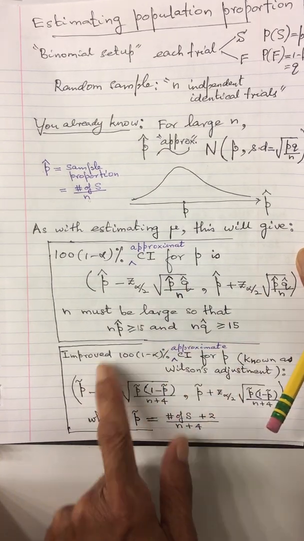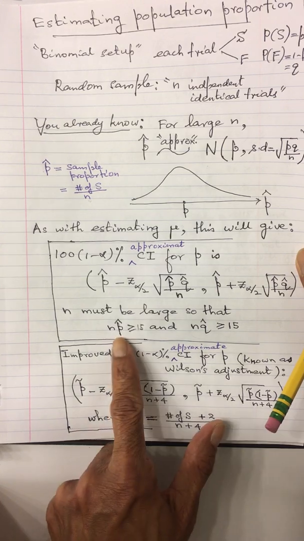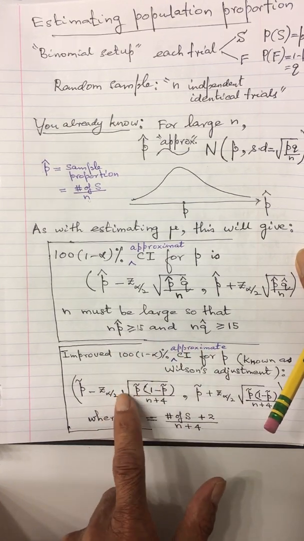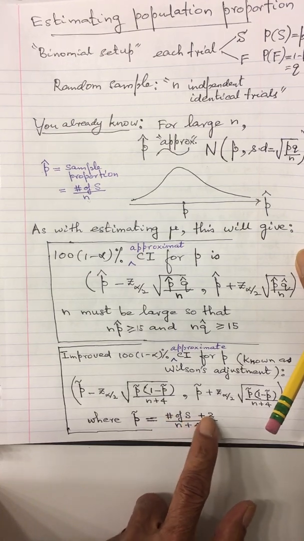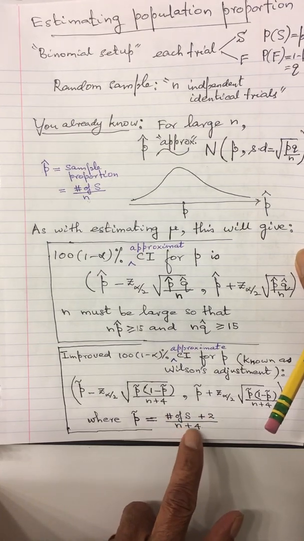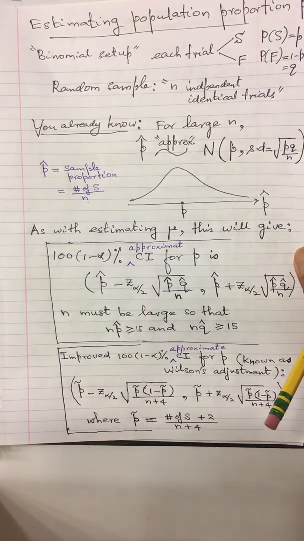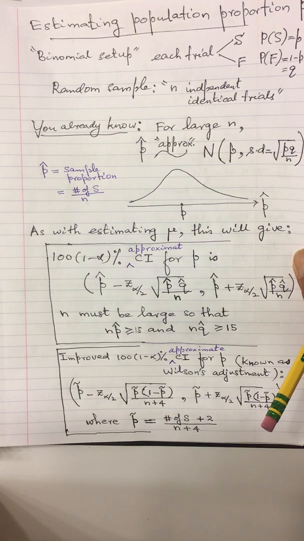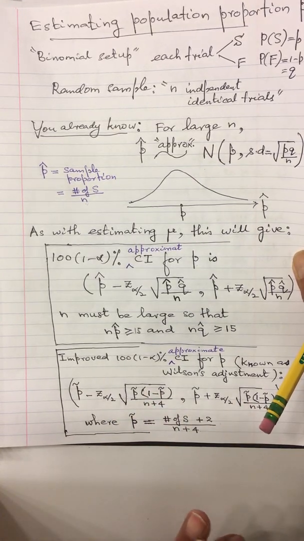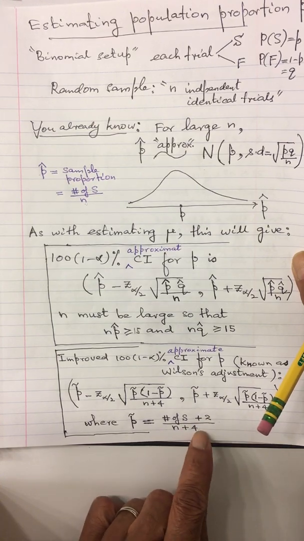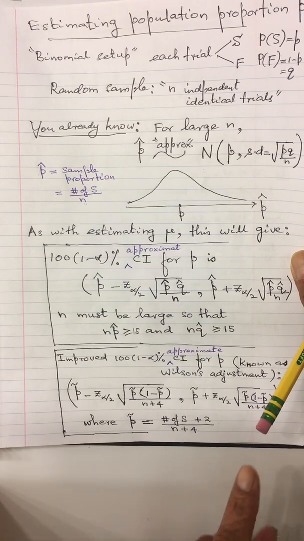The second method, in the one sample case, we use this tilde thing, where the number of successes plus 2 and the sample size plus 4, and then replace everything with the P's and Q's, okay? So here you have two samples, so instead of using plus 2 and plus 4, you use plus 1 and plus 2 for each sample, okay?